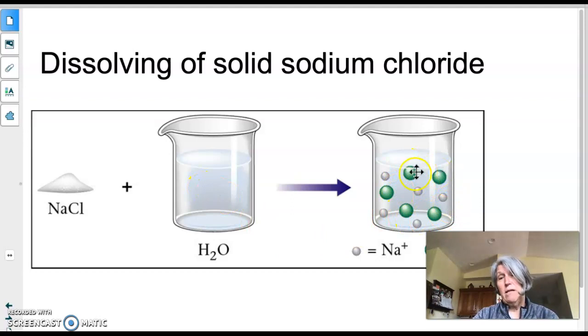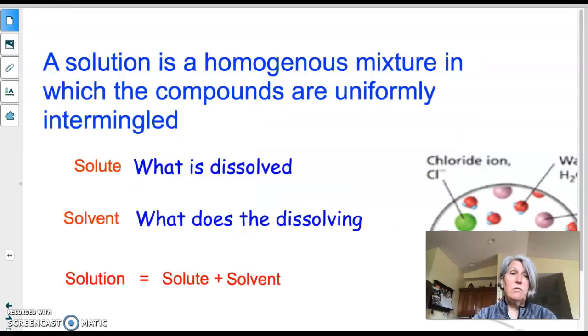In this picture right here, salt dissolving in water is an example of a homogeneous mixture, which we will call a solution. So a solution is a homogeneous mixture in which the compounds are uniformly intermingled. A solution is made up of two components that you should know: the solute and the solvent.